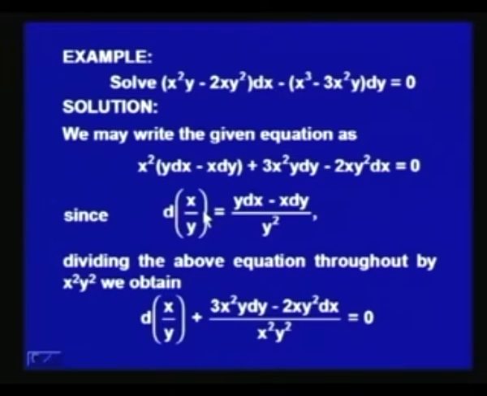since d of x over y is equal to (y dx minus x dy) over y square, we divide this equation by x square y square. Then the first term will become (y dx minus x dy) over y square, which will be the differential of x over y, and the second and third terms, 3x square y dy minus 2xy square dx, will be turned into 3x square y dy minus 2xy square dx over x square y square.